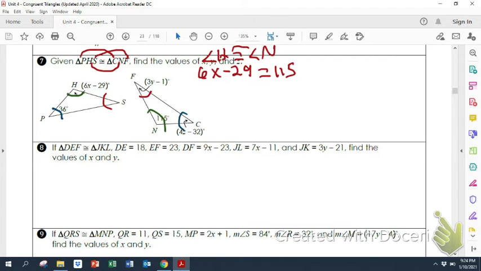And then I can go ahead and solve. 6x is equal to 144. So then x is equal to 24. Now, let's talk about y.